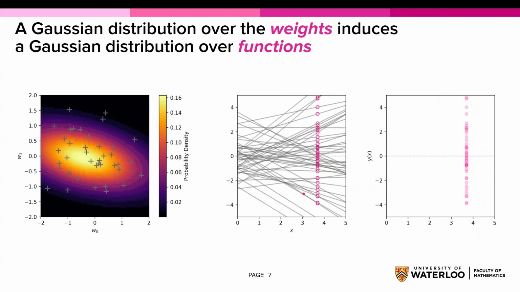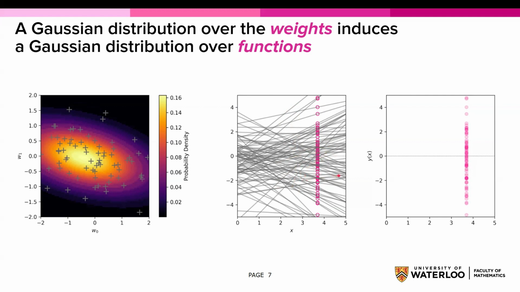So in the middle plot of this animation, we can see what happens when we draw multiple samples from the distribution of the weights. We're building up a collection of different lines, each corresponding to a unique function. And so these lines show how the function can vary based on different samples of the weights.